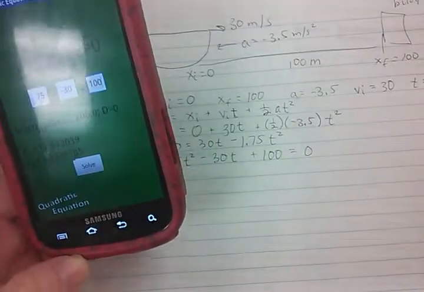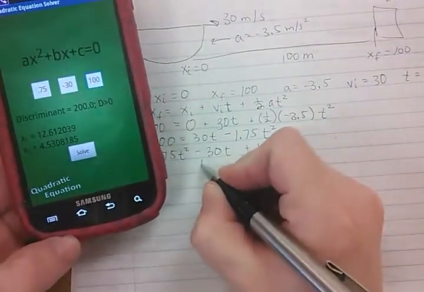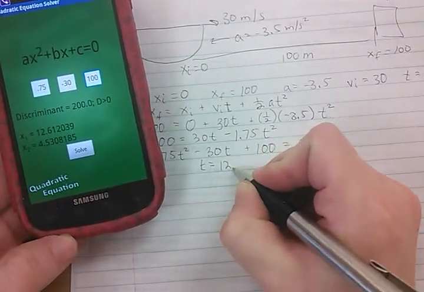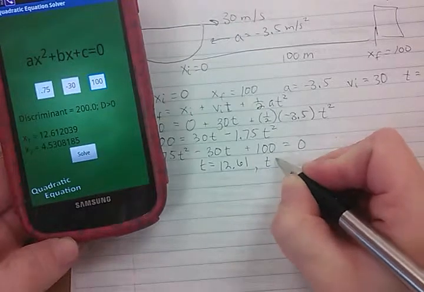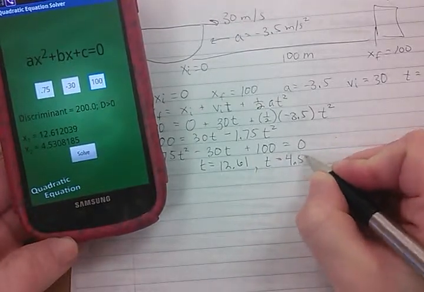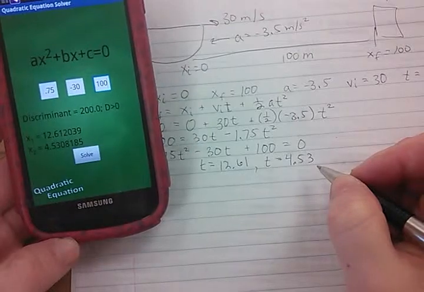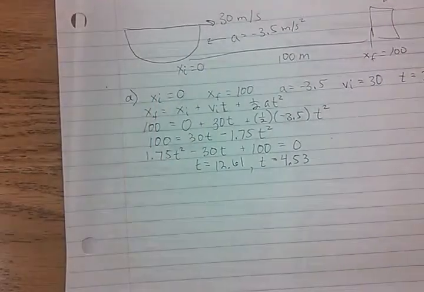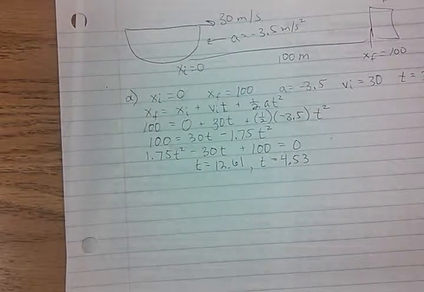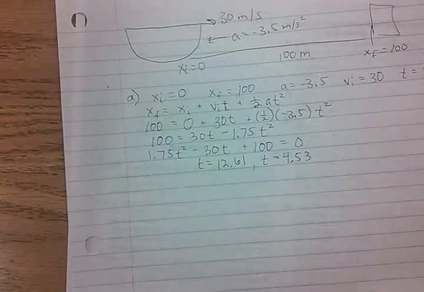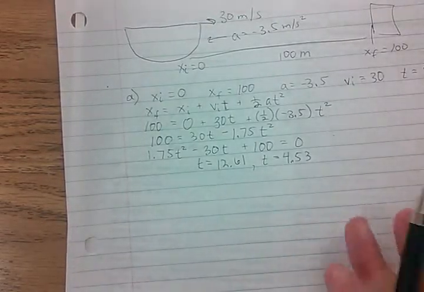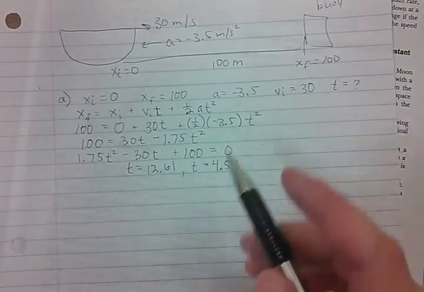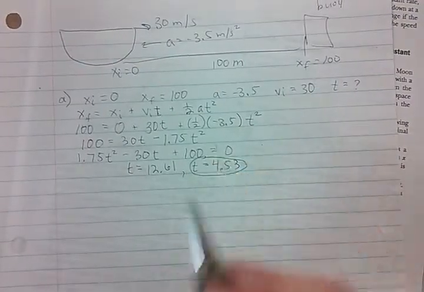So we've got, and I'm going to round here, t equals 12.61 and t equals 4.53. So why are there two numbers here, and which one do we want? They're both positive. Here's the deal: it's the lower number that we end up wanting.